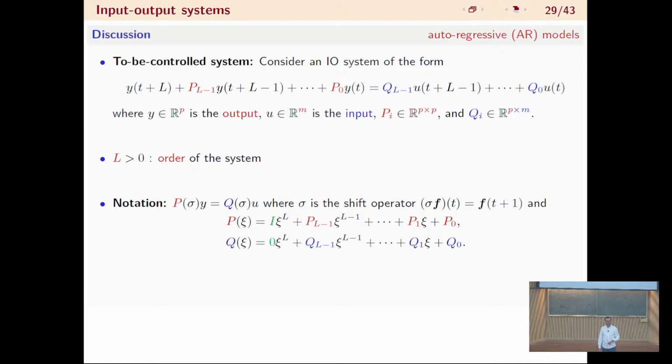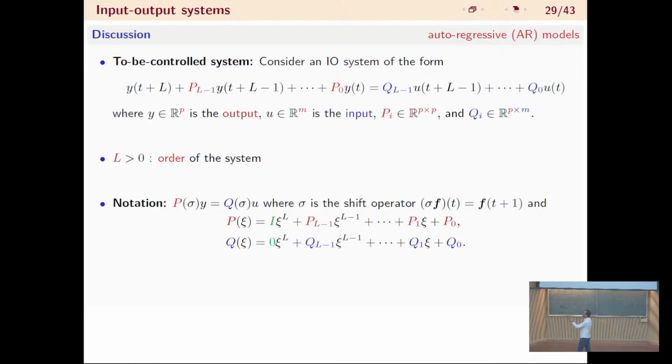There is an intimate relationship between such autoregressive models and the state space models. I'm not going to go into the details, but every such autoregressive model can also be written as a state space model and the other way around, with some extra properties.